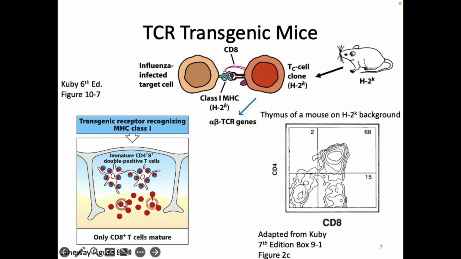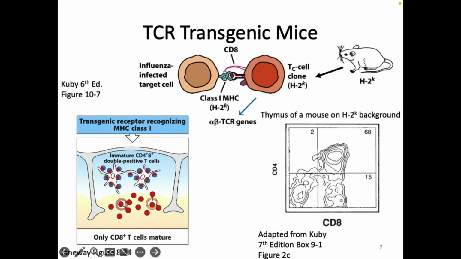Once I do that, I can identify the TCR alpha and TCR beta genes in this T cell that I liked so much, and I can insert pre-rearranged versions of those into the genome of a mouse. If I started in this case with a CD8 T cell, when those cells start to develop in the thymus, they're all going to get a good signal from MHC class 1 because they all are making that exact receptor that binds to class 1 plus peptide.